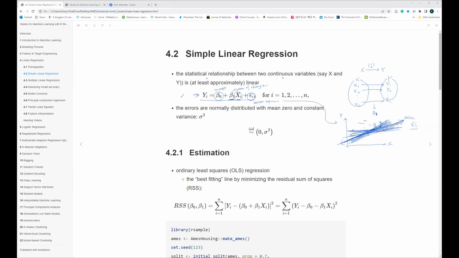Also, when we do simple linear regression, we assume that the error term is normally distributed with a mean of zero.